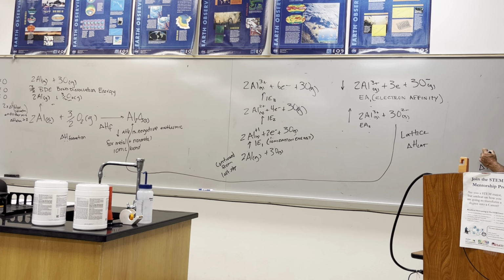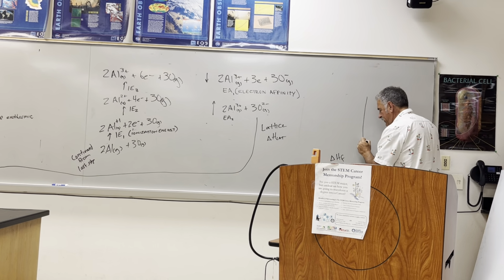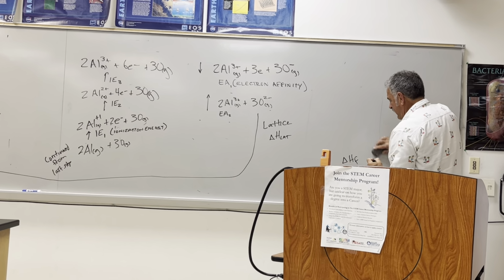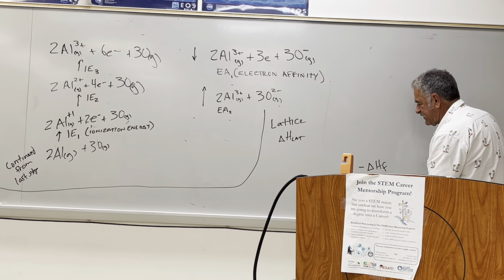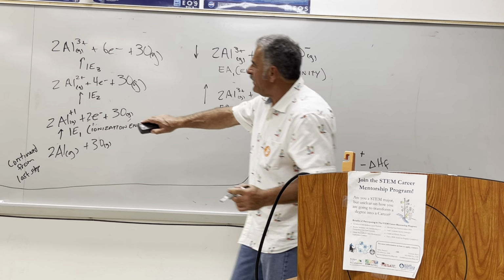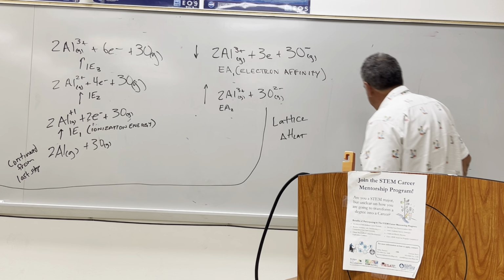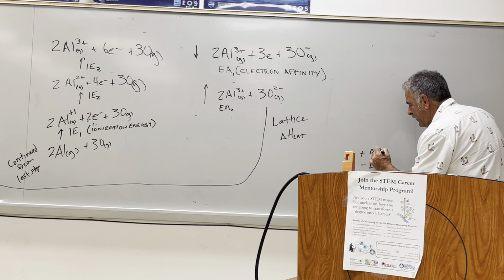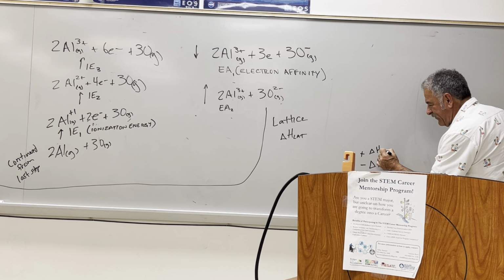All right, here's the lattice energy. Wait a minute. Let's start with our steps. So we're here at HF. Then we're going to add, what do we add? First thing we add is delta H. What's the first thing we did? Sublimation. Yeah.